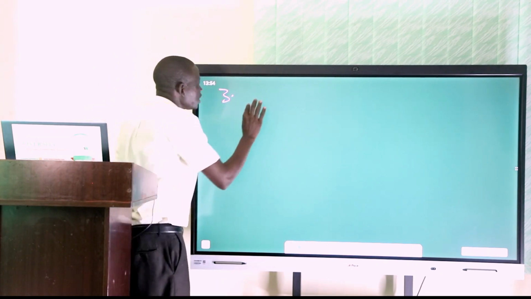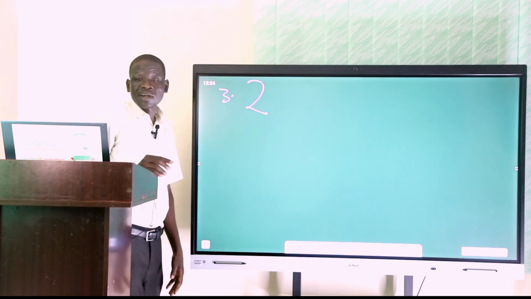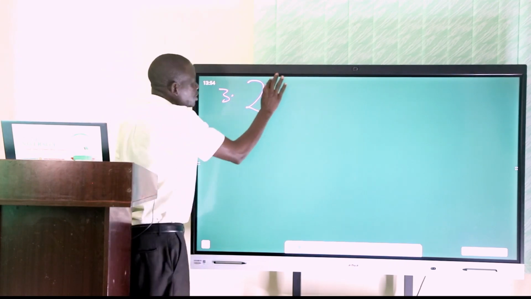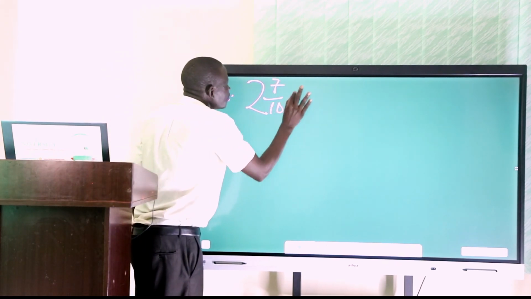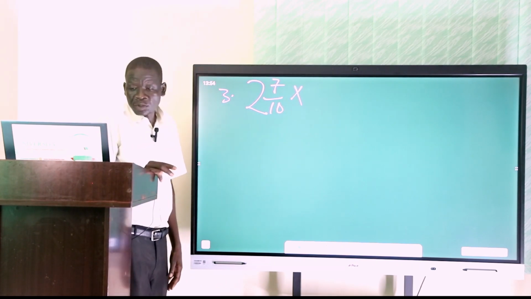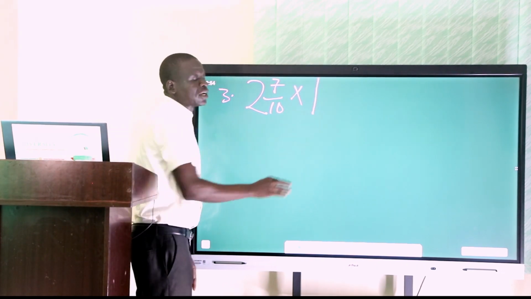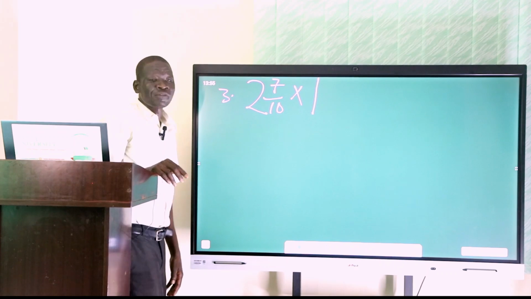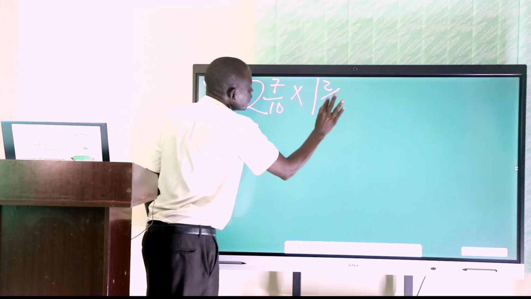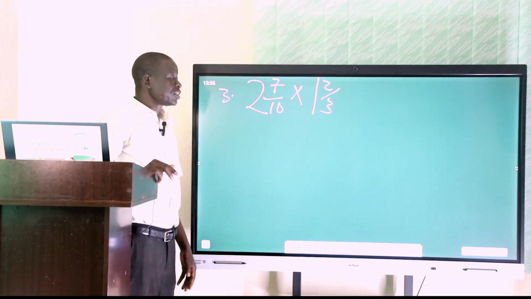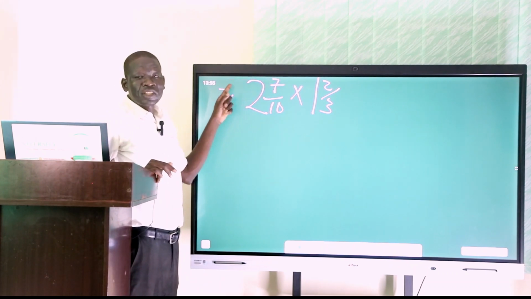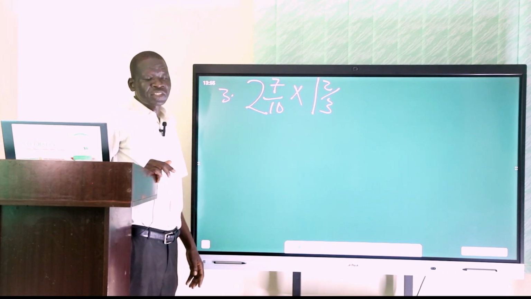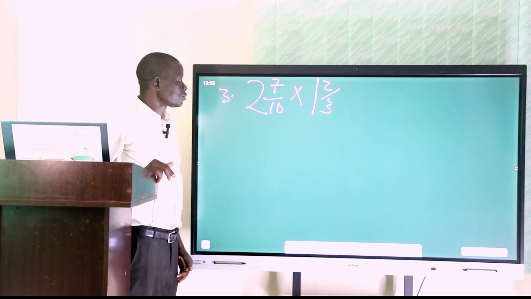In this case, we can have an example, 2 whole numbers and 7 over 10, multiplied by 1 whole number and 2 over 3. As I said, we have to change this first of all to an improper fraction.